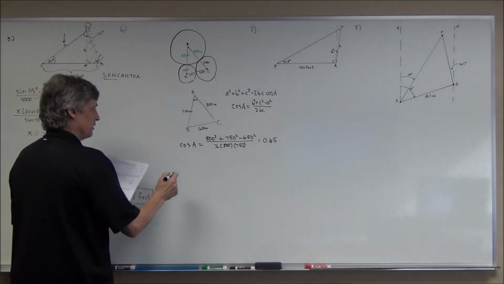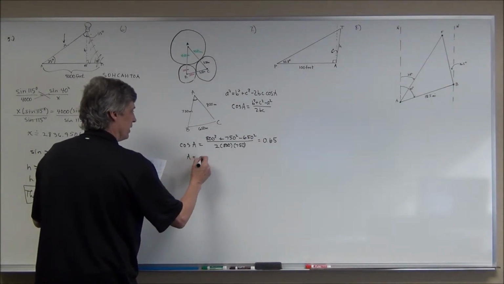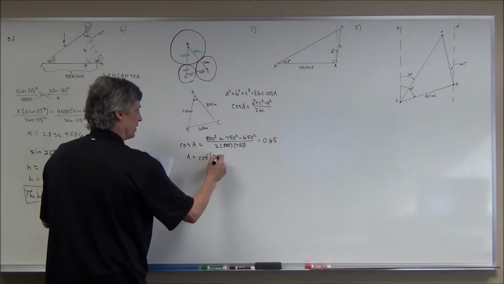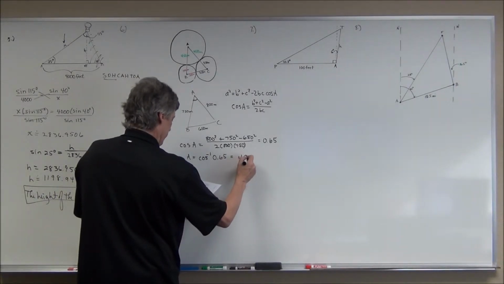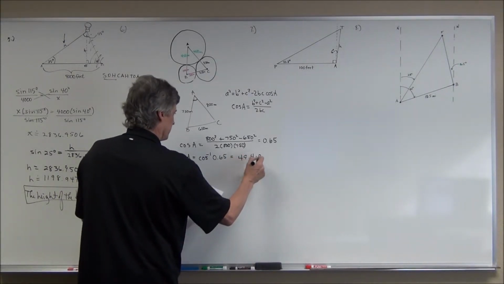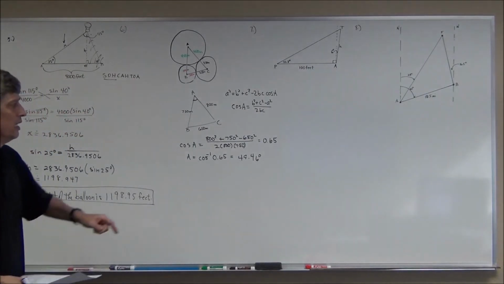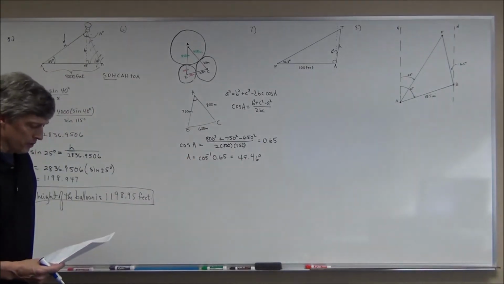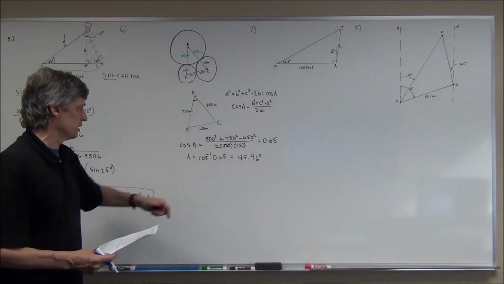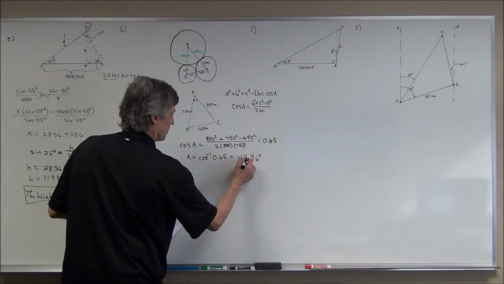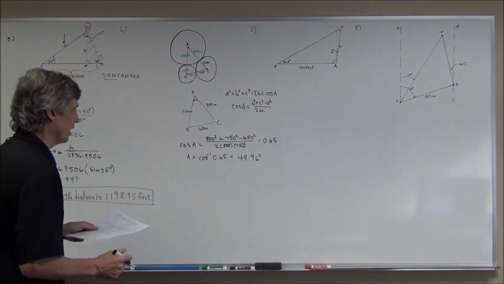So the inverse cosine of 0.65 gives me A to be 49.46 degrees. Now I think he rounded it to the nearest tenth, although I don't think the directions asked for it. I'm just being consistent with the other problems. I'm taking it out 2 decimal places to the hundredth.